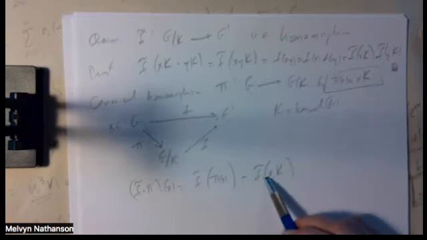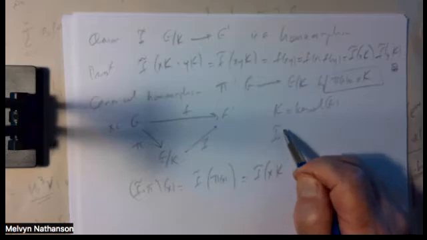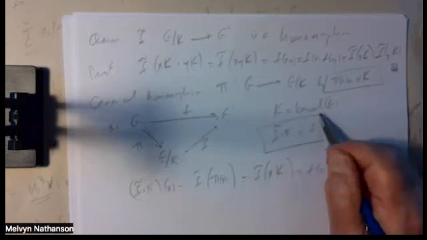But pi of x is the coset xK, and f tilde of that coset is f of x. So for all x in the group, f tilde composed with pi is equal to f.